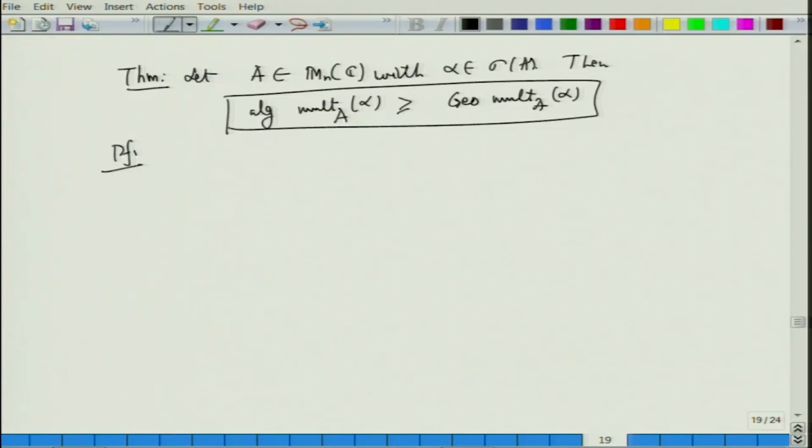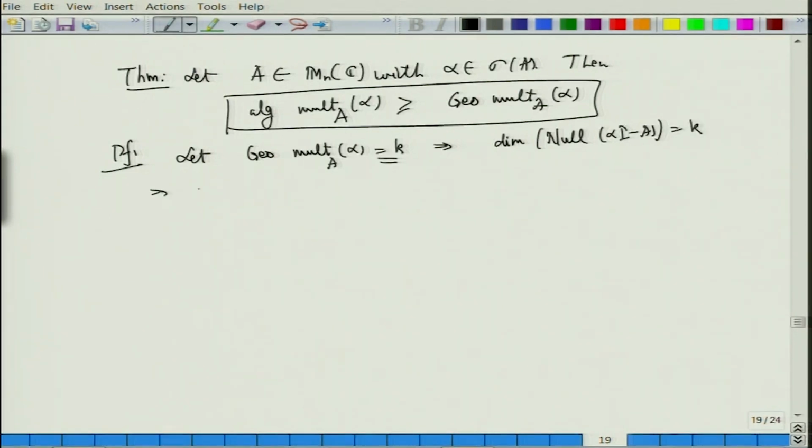All right. So let the geometric multiplicity of alpha as an eigenvalue of A be k. Suppose it is k. What does it mean? It means that the dimension of the null space of alpha I minus A is k, which implies we have k eigenvectors.